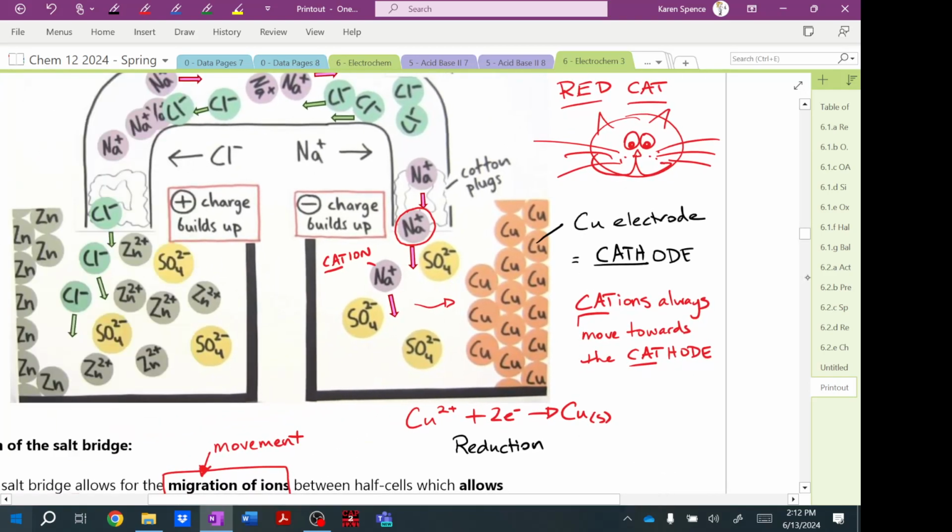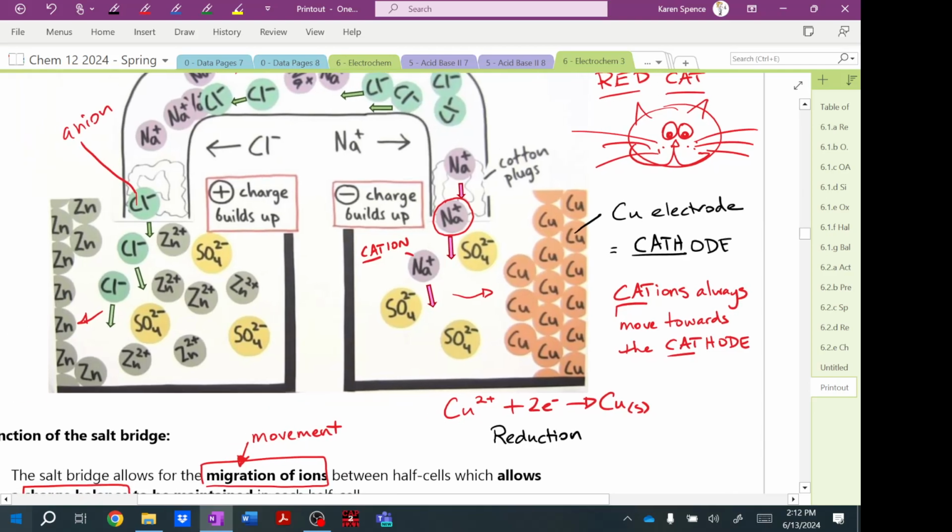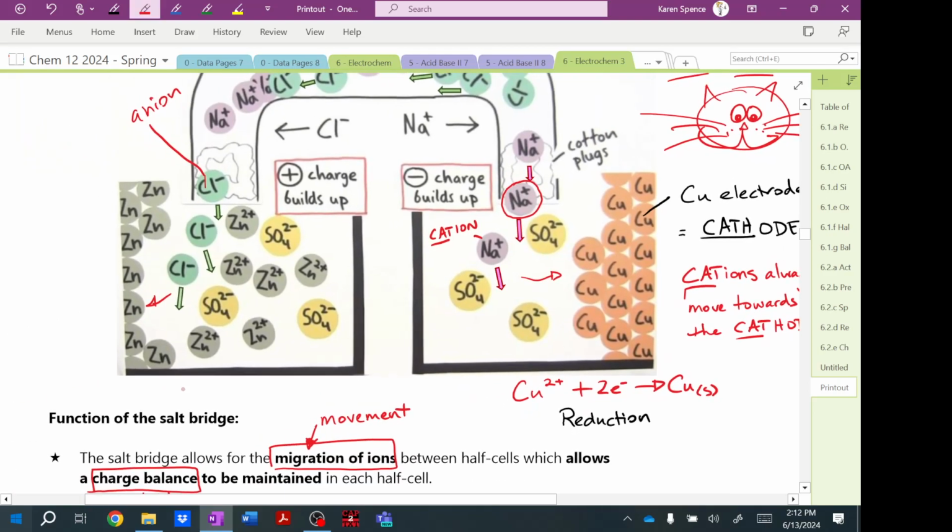And what's happening on the other side then? Who's moving towards the zinc electrode? What kind of ions are those? That's an anion. And what's the process taking place over here? Oxidation. And oxidation takes place.